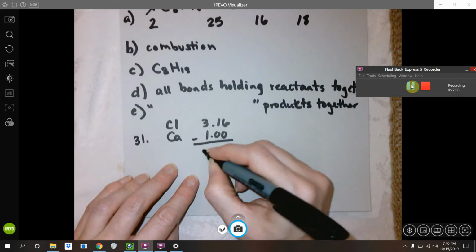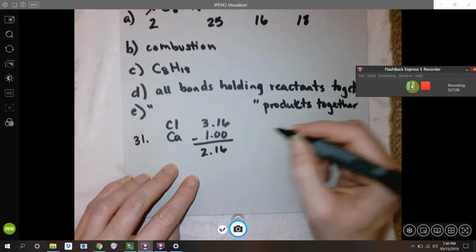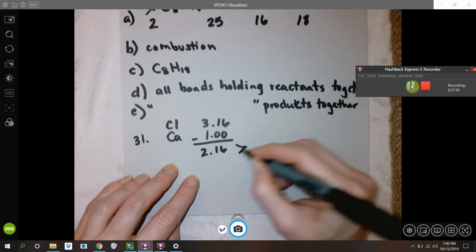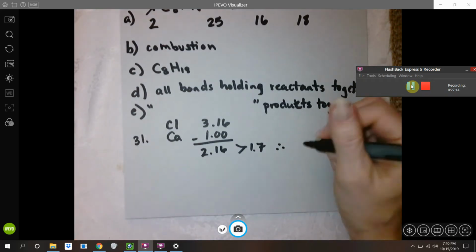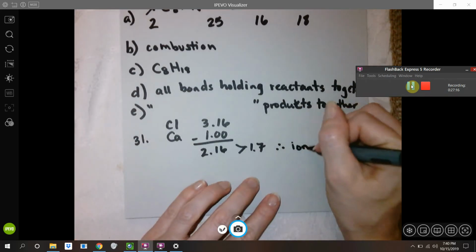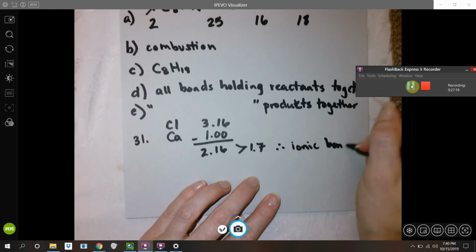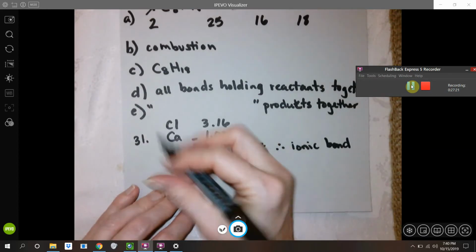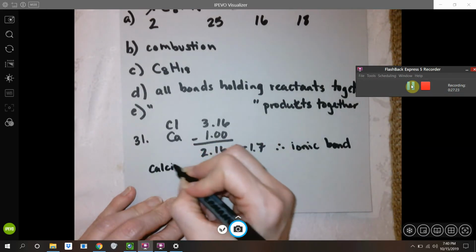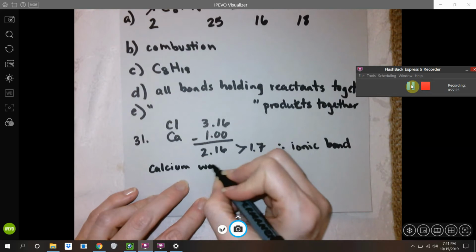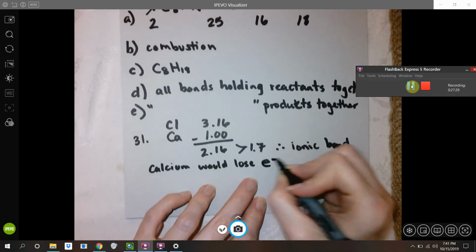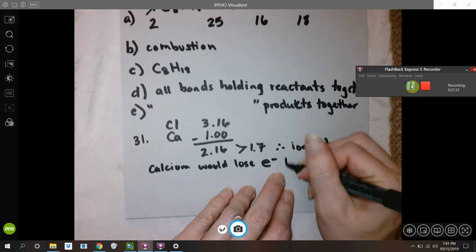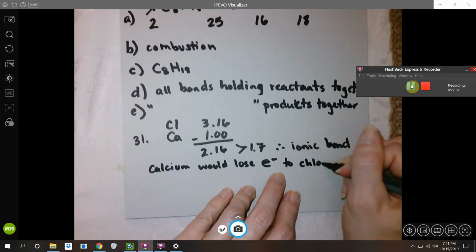When we do that subtraction, we get 2.16, which is bigger than 1.7. Therefore, this means they would form an ionic bond. Calcium would lose the tug of war for electrons. It would lose electrons to chlorine.